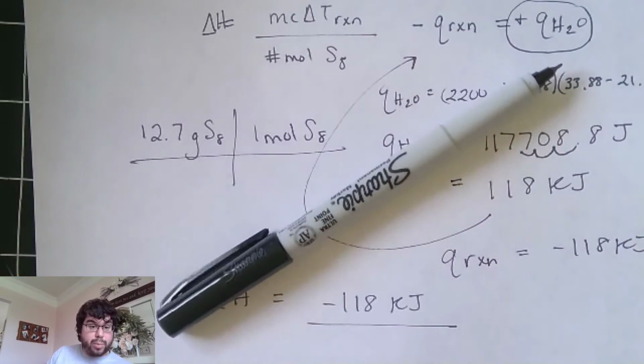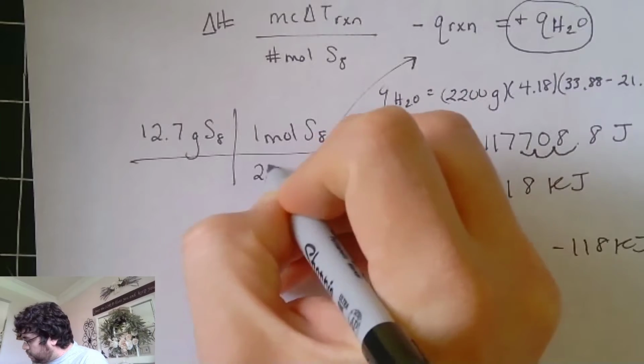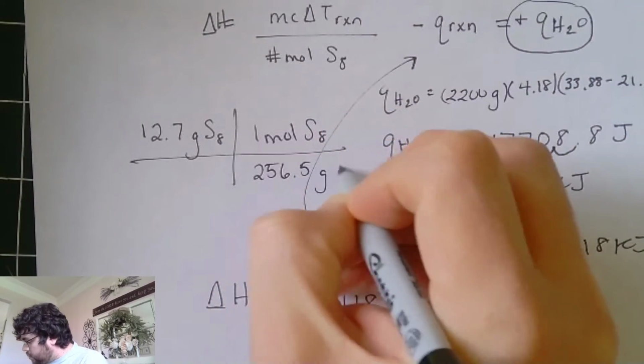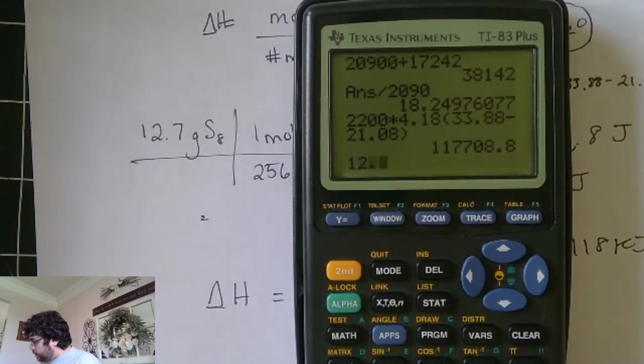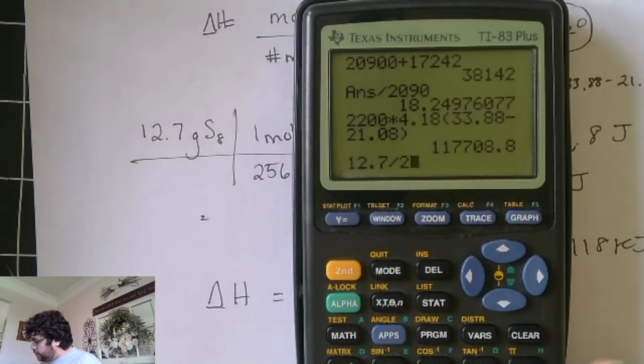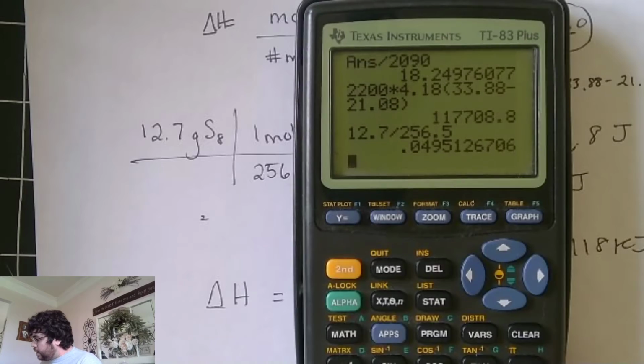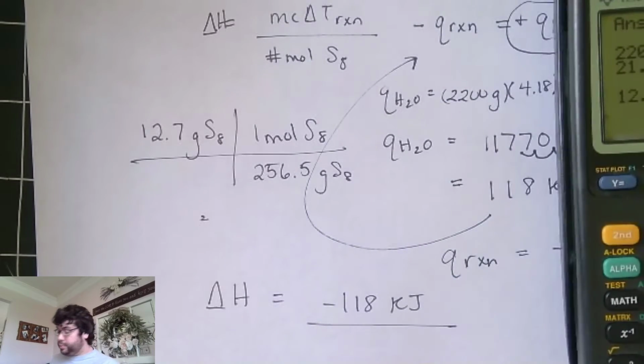I don't have the molar mass of sulfur right in front of me. It's 256.5. So 12.7 divided by 256.5, and we get 0.0495.